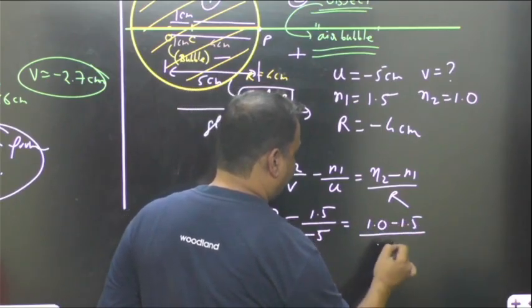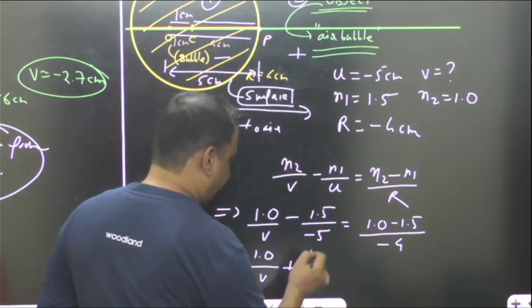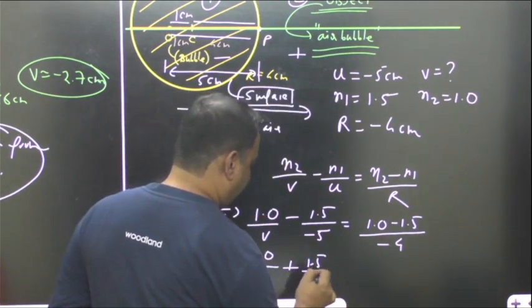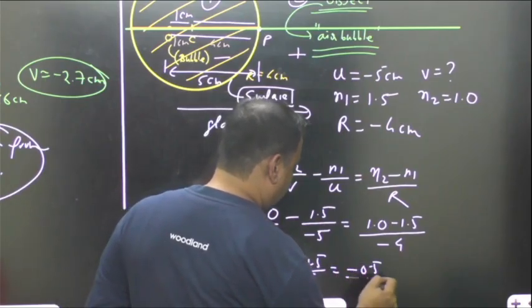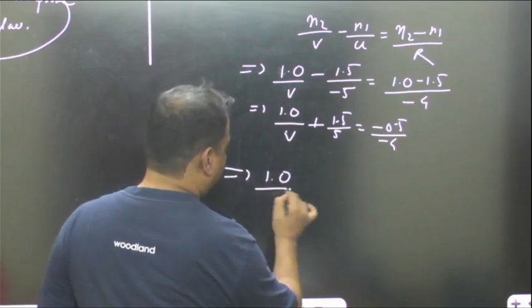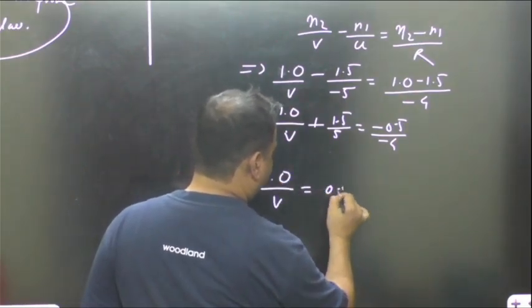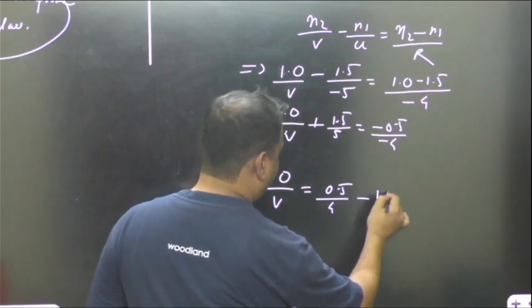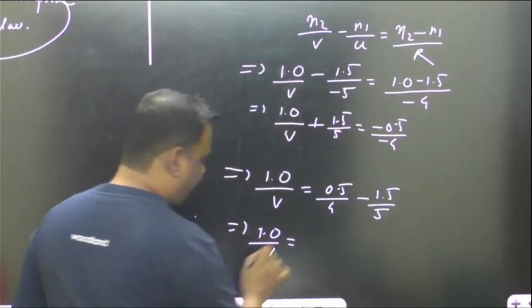1.5) divided by R, which is minus 4. So you'll get 1 by V plus 1.5 by 5 is equal to minus 0.5 by minus 4. So we'll get the equation 1 by V is equal to minus minus will be plus 0.5 by 4 minus 1.5 by 5. So I'll get 1 by V as what?